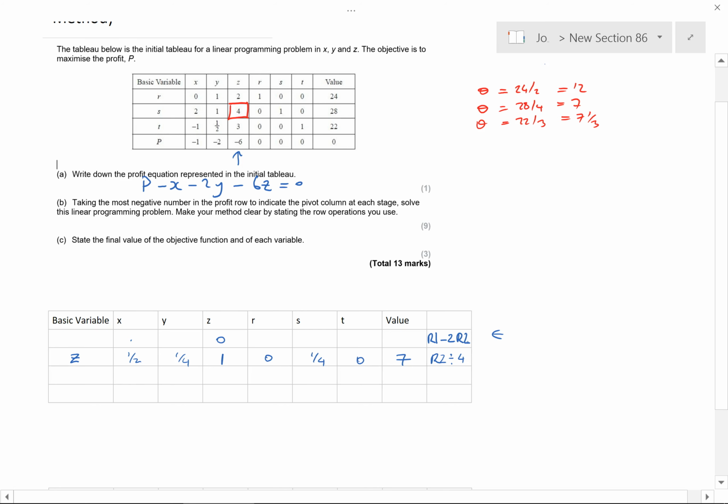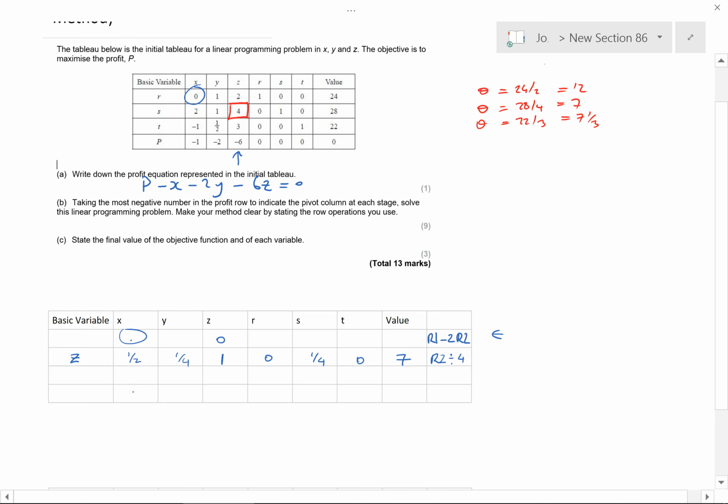And we've got to do that for each one of them. So for example, this number in this cell has got to be 0, take away 2 times the number in this cell here.